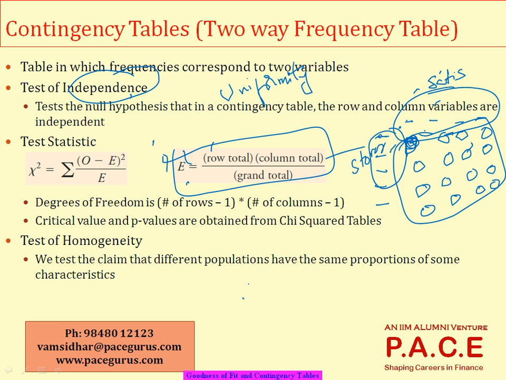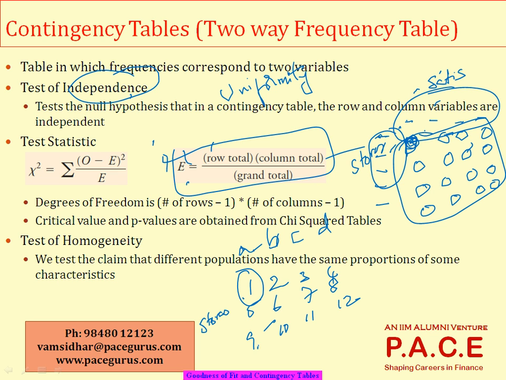Now if I say these are my number of customers at each of the cells, let's say 3 stores and satisfaction levels A, B, C, D, very good, good, whatever it is. Now this is the observed frequency.